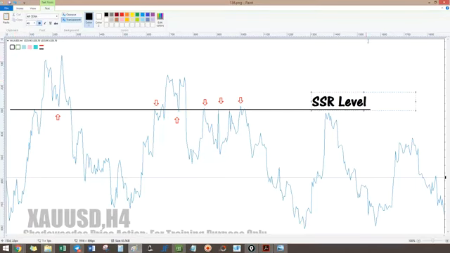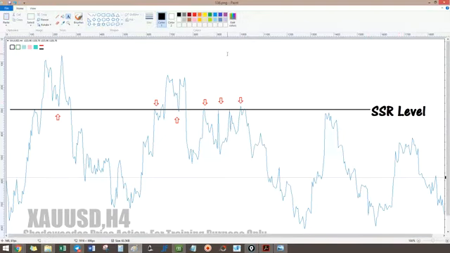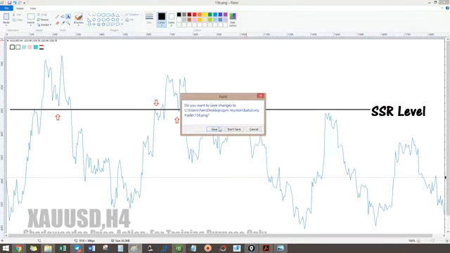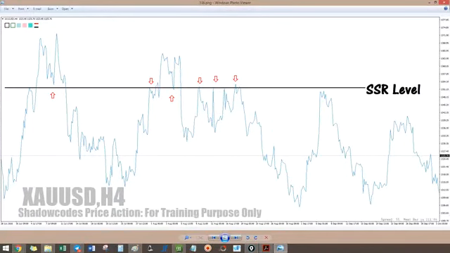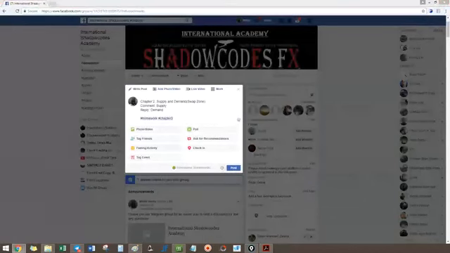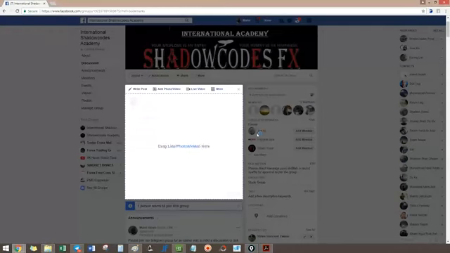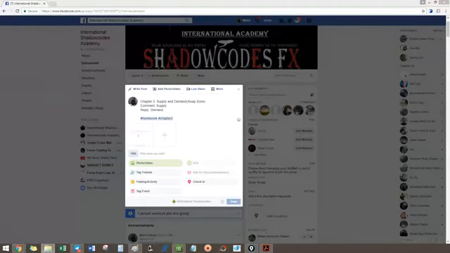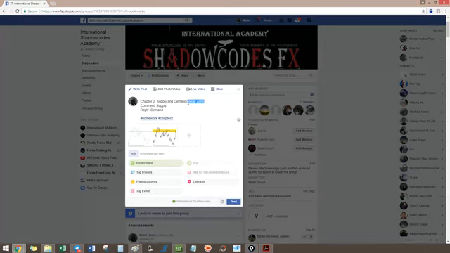Okay. First we mark this as SSR level. Right, this is our SSR level. Save as picture. Alright. High liquidity zone.